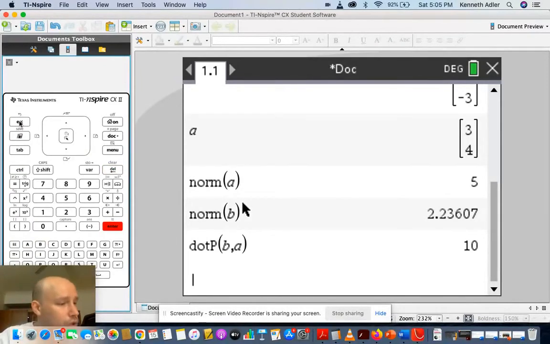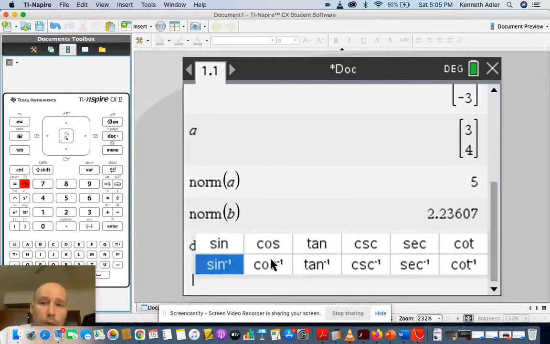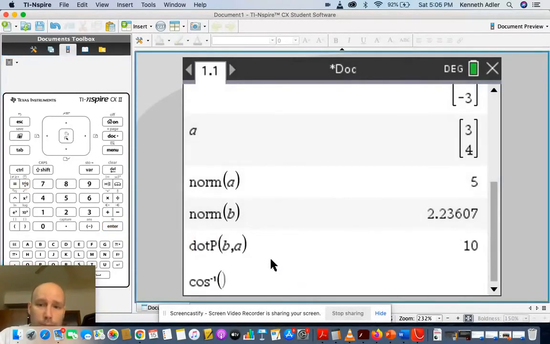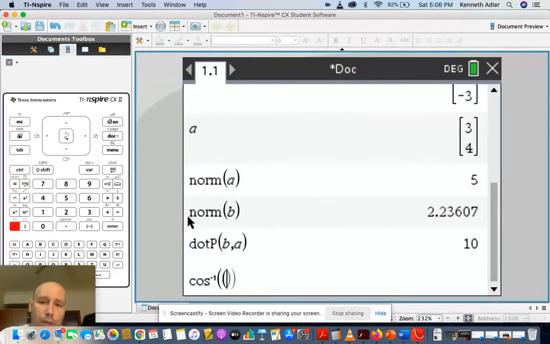The next thing we want to do is use the GDC to find the angle between these 2 vectors. And so we knew the formula is the cosine of theta is the dot product divided by the product of the magnitudes. So let's stick that in there. Trig, inverse cosine. I'm going to put the dot product on the top.